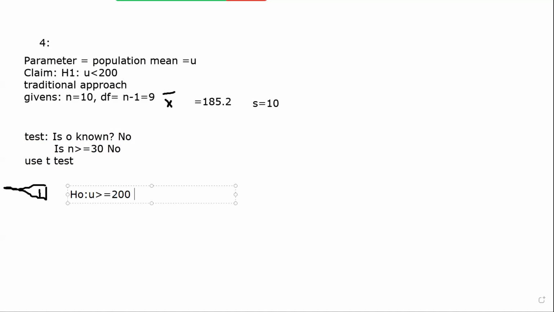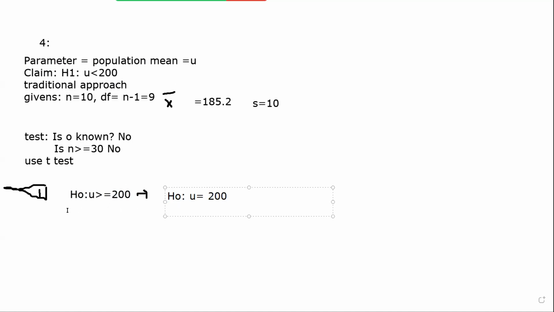And we have to write the statistical equivalent to it. So I'm going to draw this arrow thing in the middle. And our statistical equivalent is going to be H0, mu equals 200. Okay.